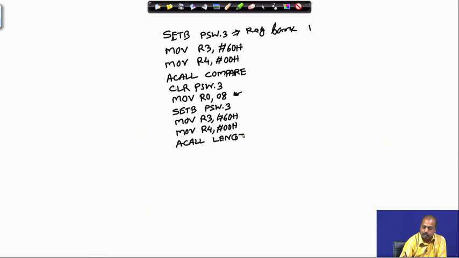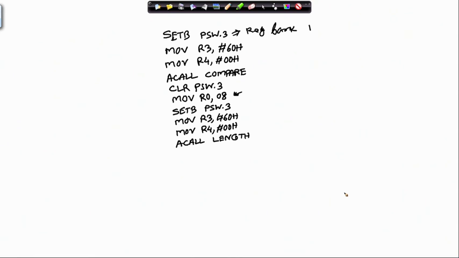This length routine will return the lengths of the two strings in registers R1 and R2 of bank 1. From there I need to get them back onto R1 and R2 of the current register bank.